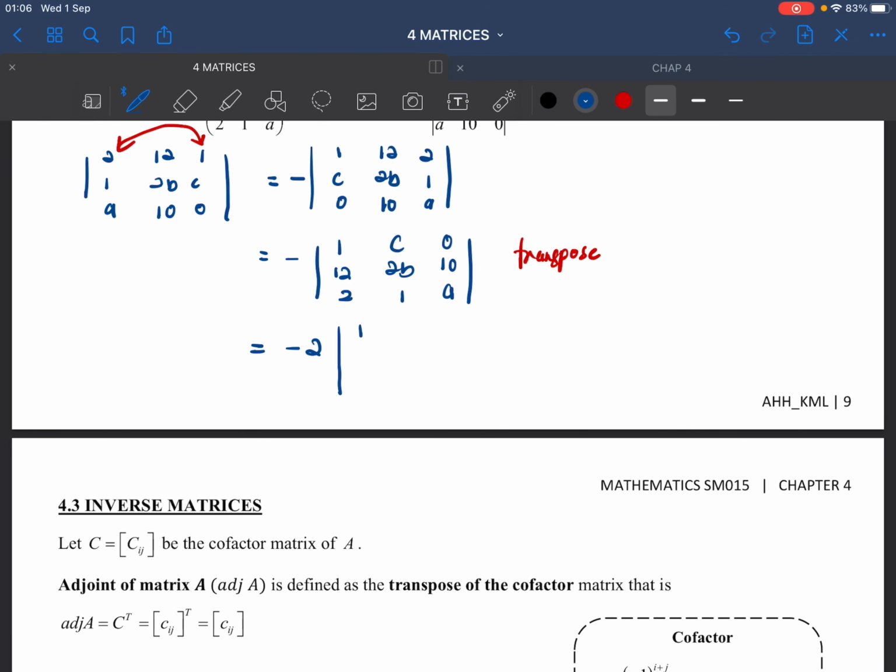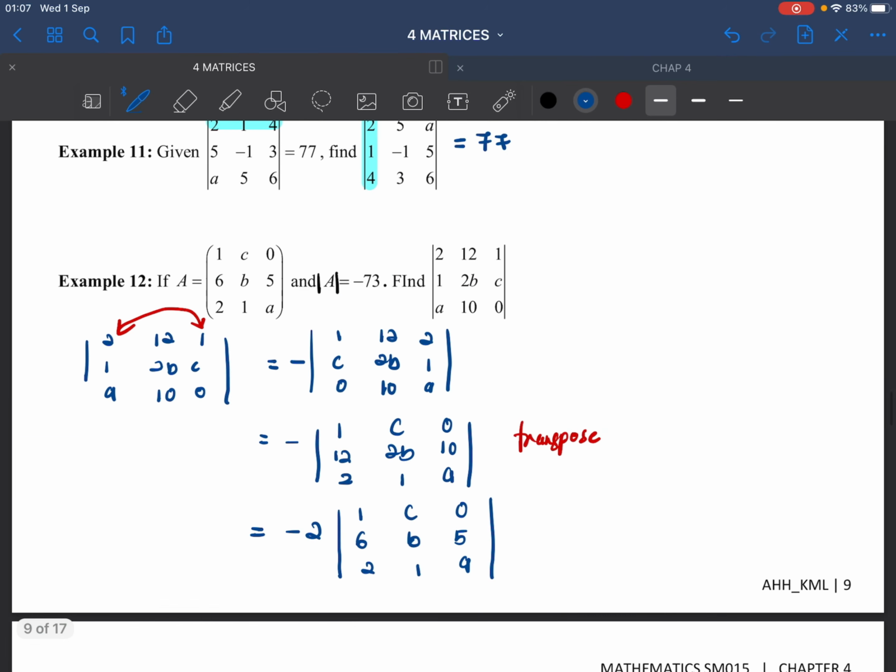First row masih kekal, second row, third row masih kekal. The second row, we will have 6B5. Okay, so now we know that determinant of 1C0, 6B5 to 1A is equals to negative 73. So we are going to get negative 2 times 73 is equals to 146. Okay, so that is how you use basic properties of determinants.